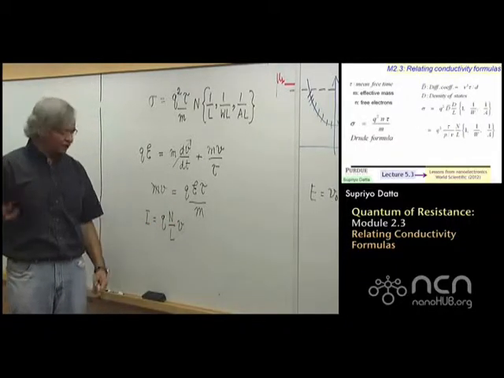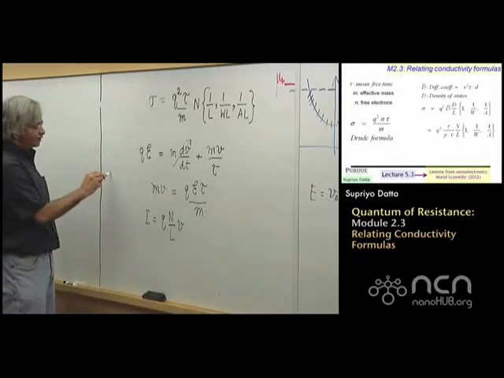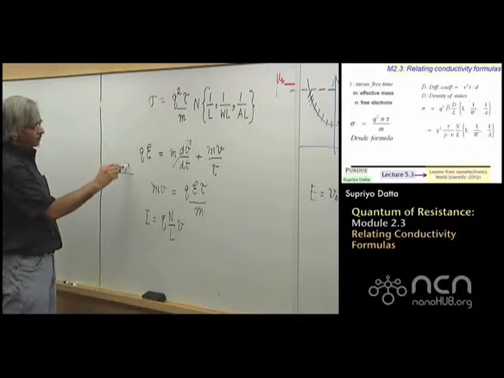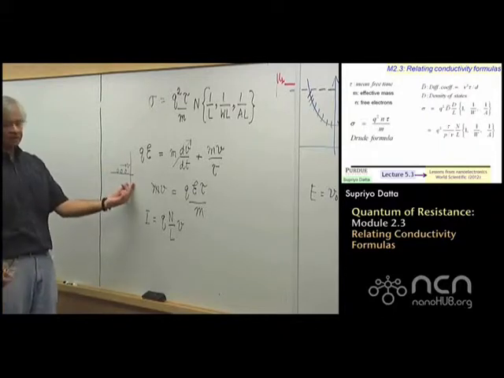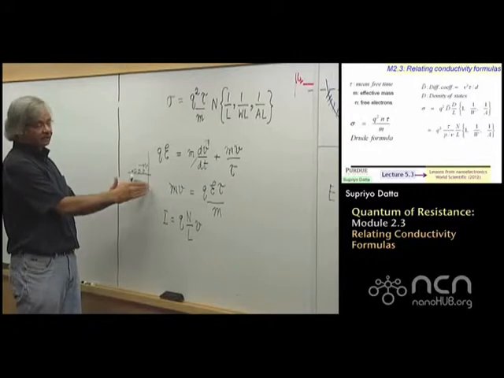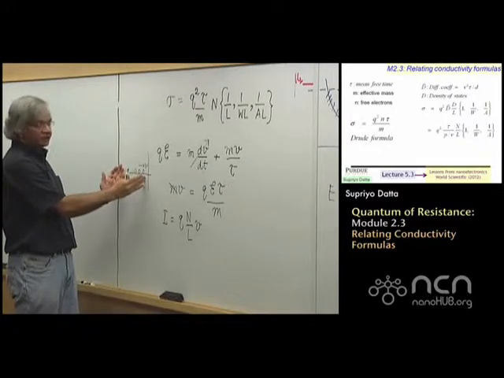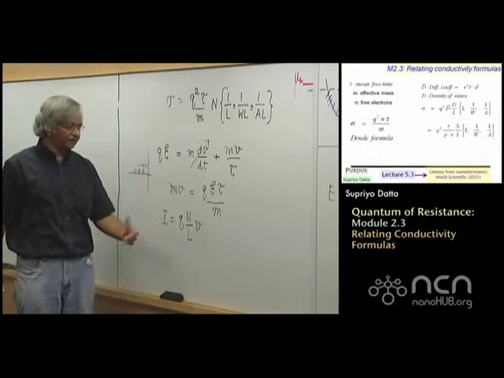It's a fairly simple argument based on the idea that, if you had a bunch of electrons traveling with some velocity, then if I stand here and watch how many cross me, the number that will cross me per second will be the number of electrons per unit length times that. And now if I multiply by the charge on an electron, I'll get the current.